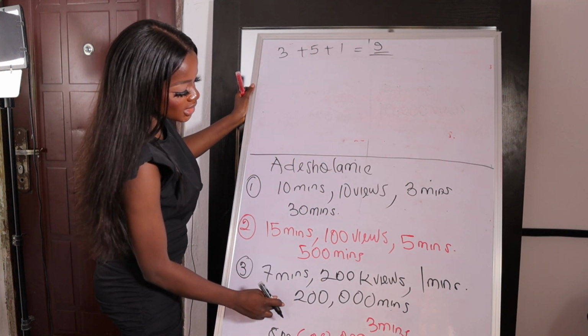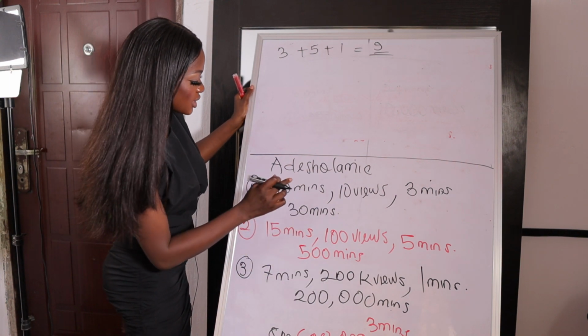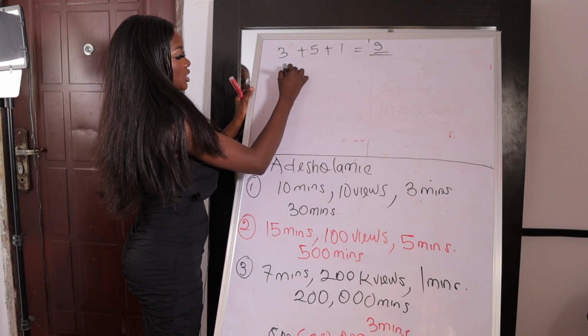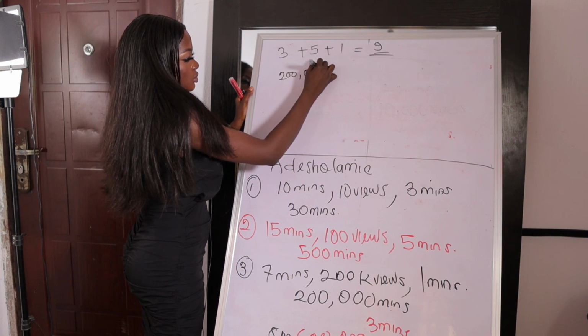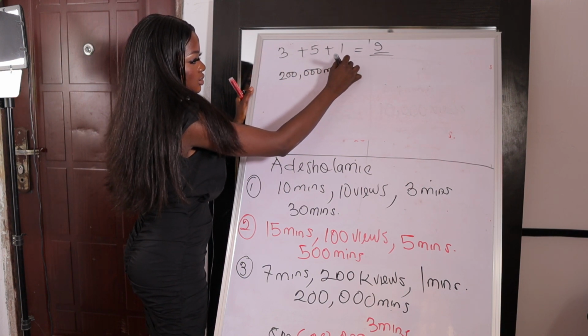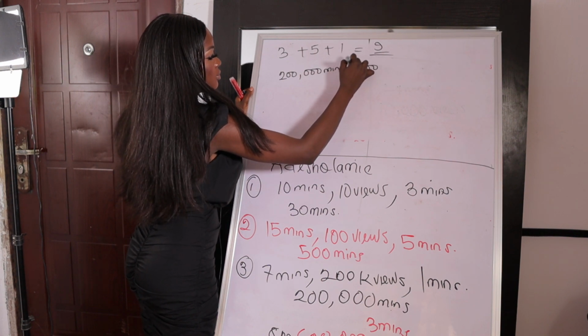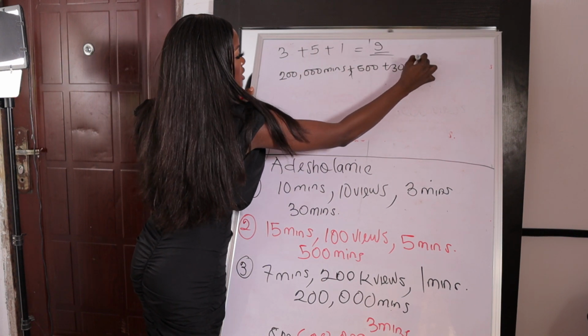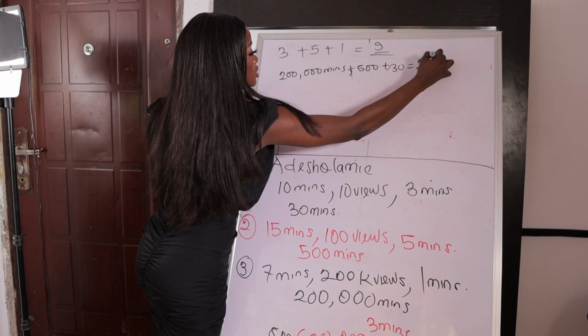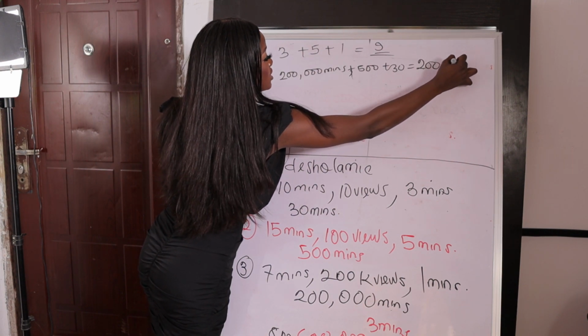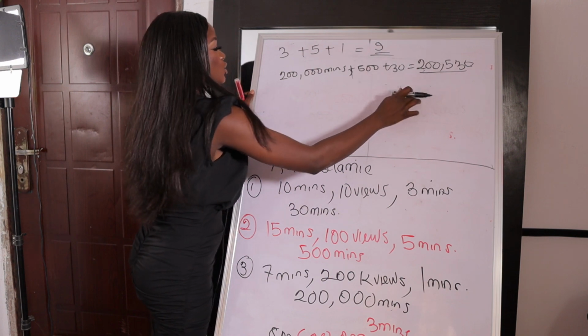Now you have 200,000 minutes, 500 minutes, 30 minutes. 200,000 plus 500 plus 30. That's 200,530. This is what is going to count towards the monetization.